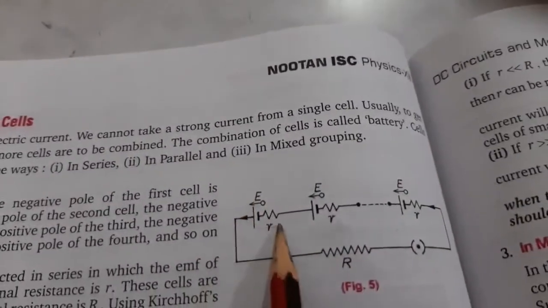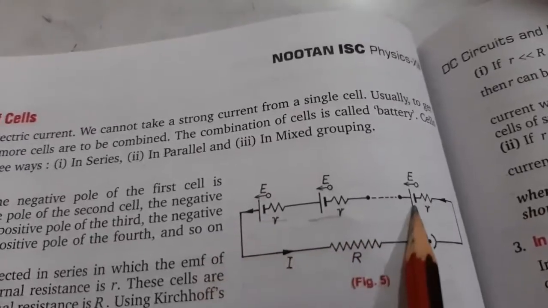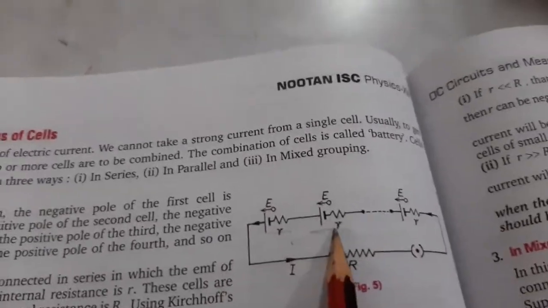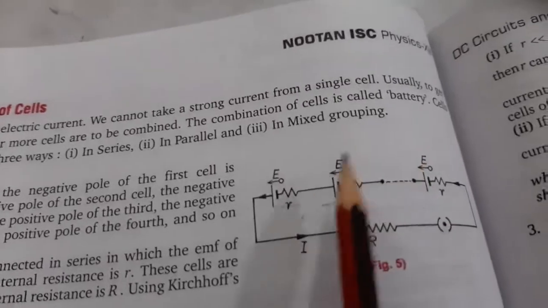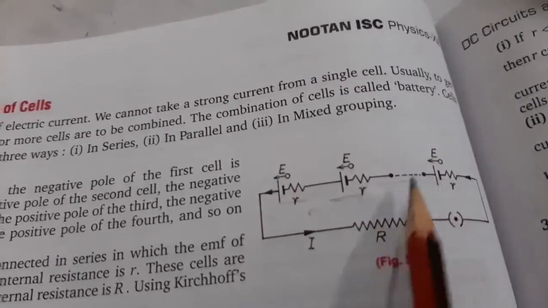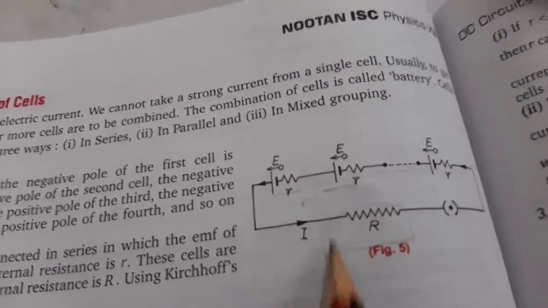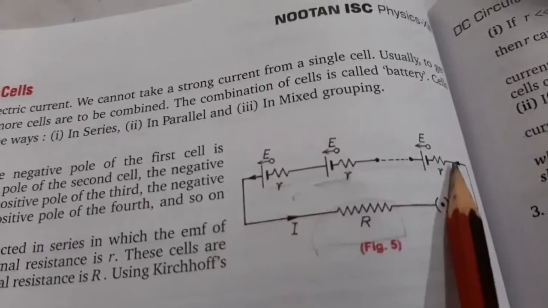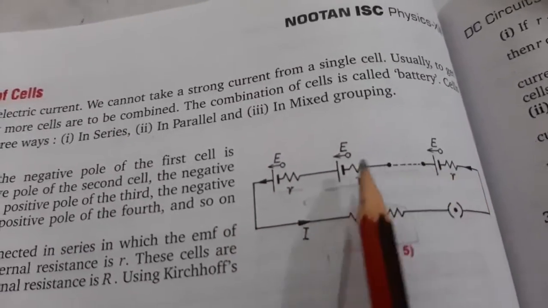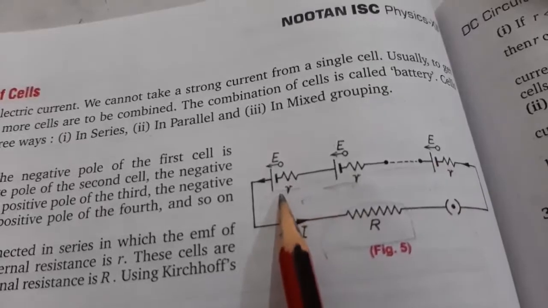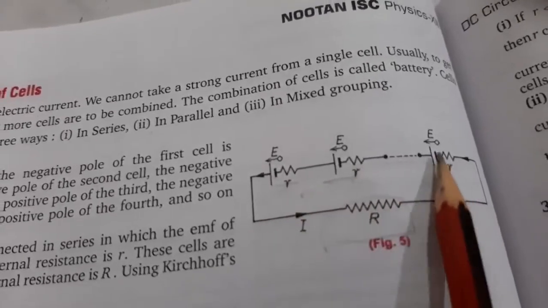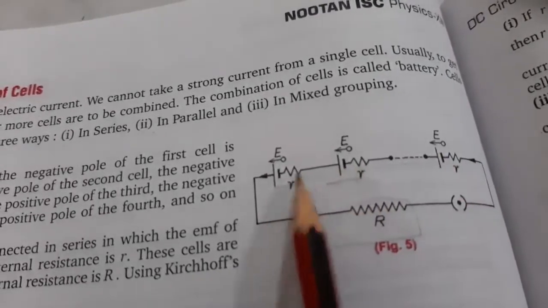In series combination, consider these N cells having the same internal resistance and same EMF, connected in series with a load resistor R. You can see these cells are in series combination. All the cells having EMF E are directed in the same direction.